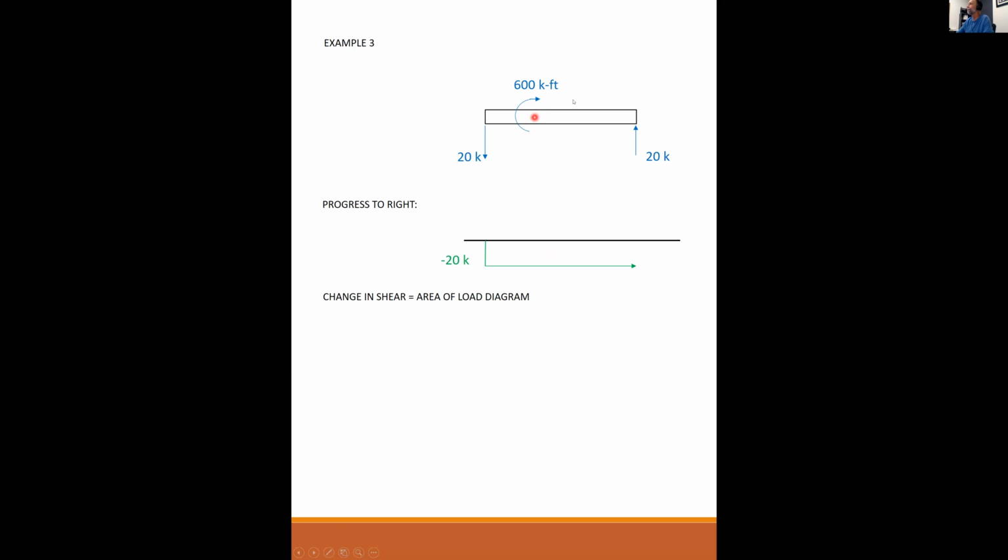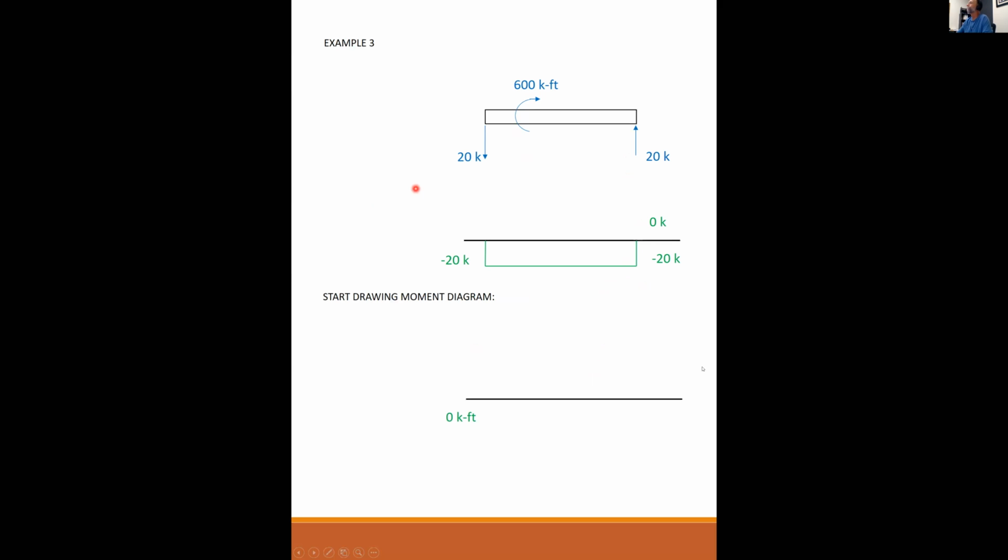And likewise, from here all the way to the end, there's still no change in the load diagram. So the shear diagram does not change. And then we get to the end and the load diagram goes up 20. So we go up 20 to get us back to 0. Okay, so an applied moment has no effect on the shear diagram. That's the interesting part about this.